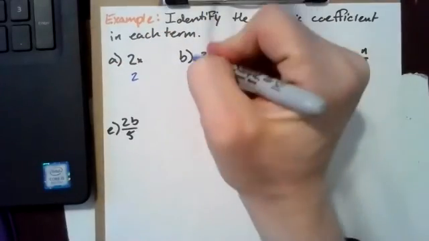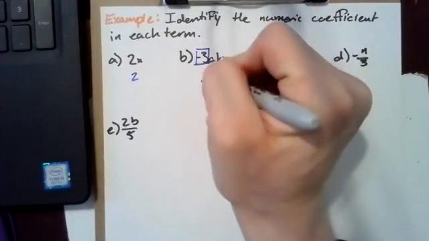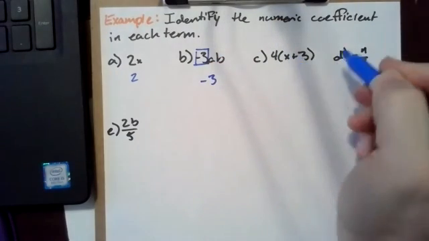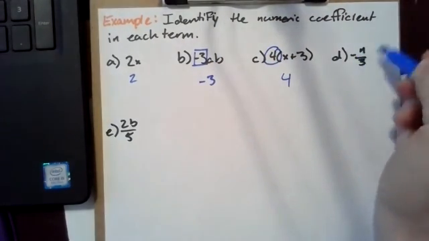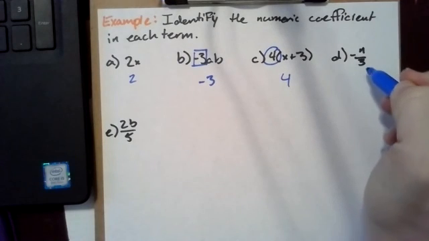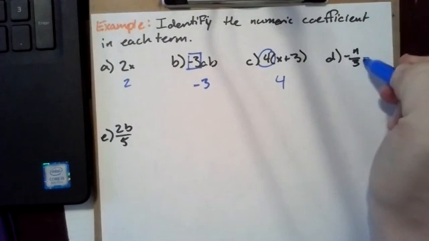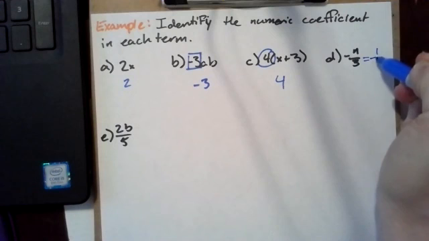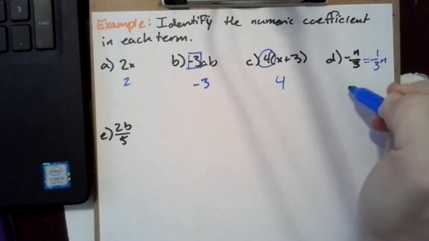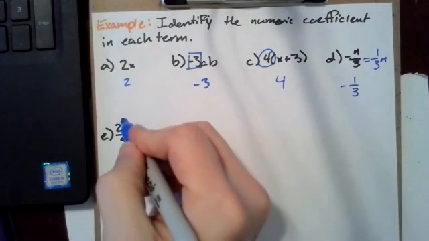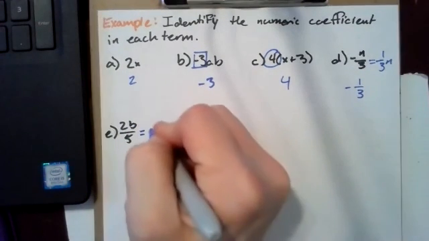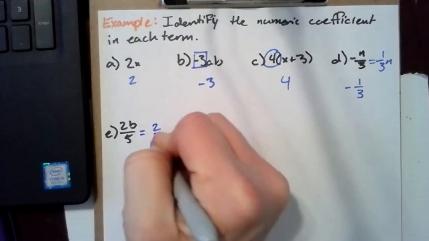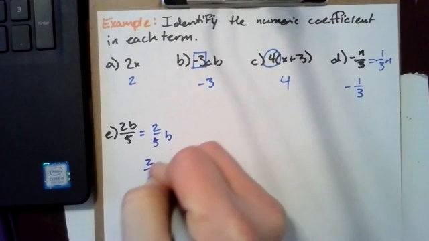Negative 3ab, there is our coefficient, negative 3. 4x plus 3, our coefficient is 4. Negative n over 3, well, this is the same as negative 1/3 n. So our coefficient is negative 1/3. Finally, we have 2b over 5. This is equivalent to 2/5 b. So that's 2/5 for our coefficient.